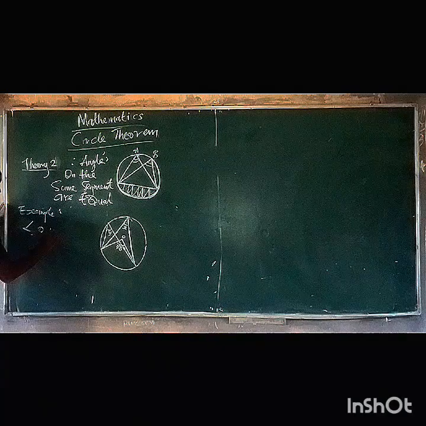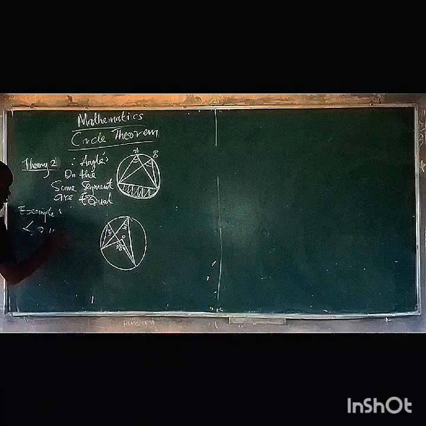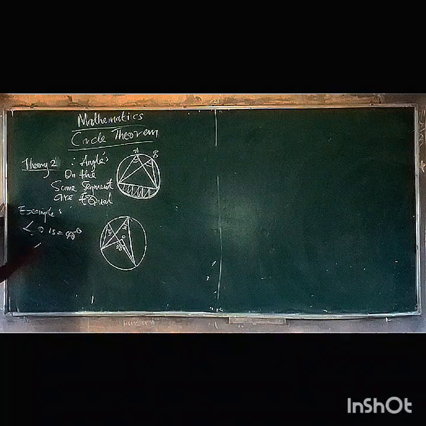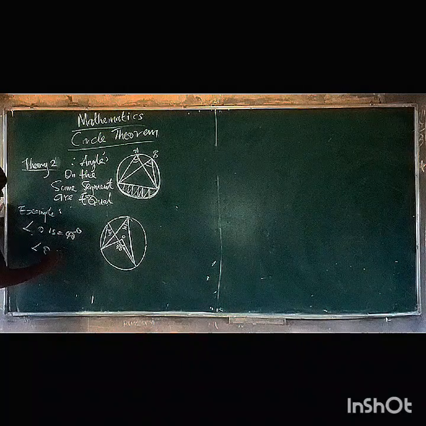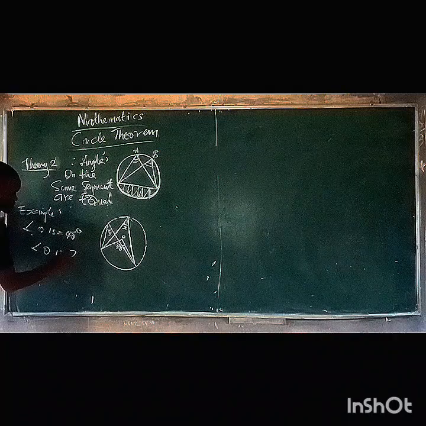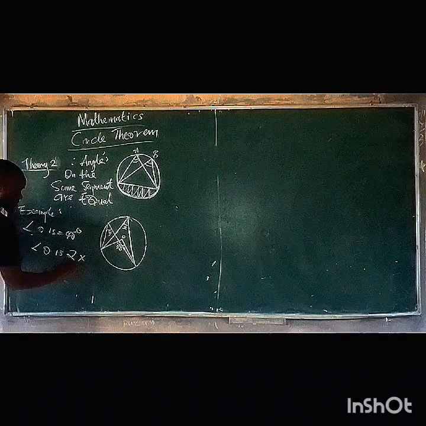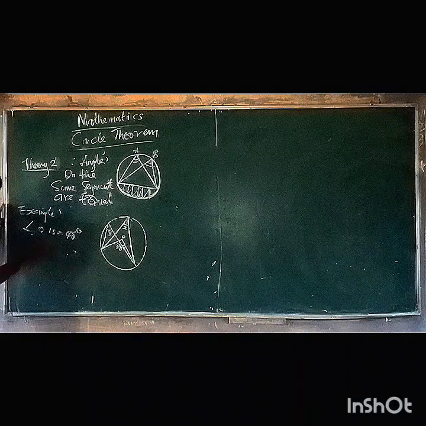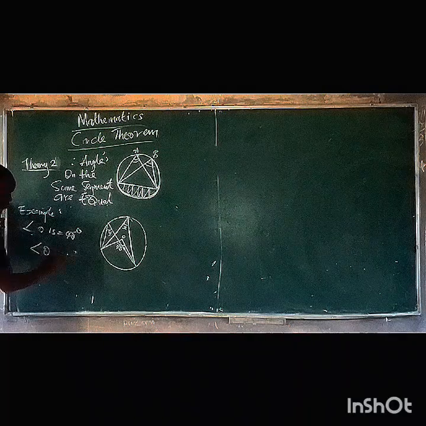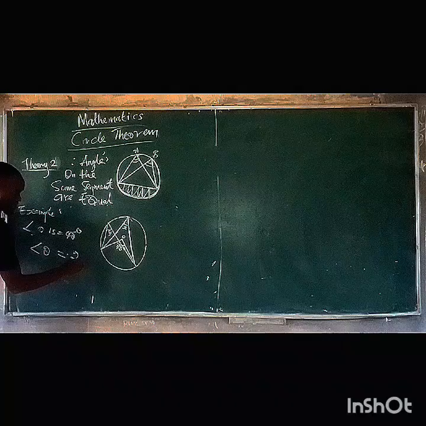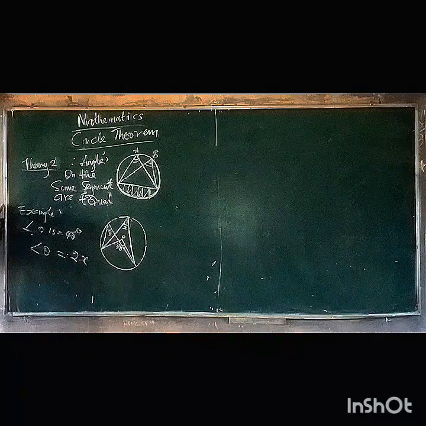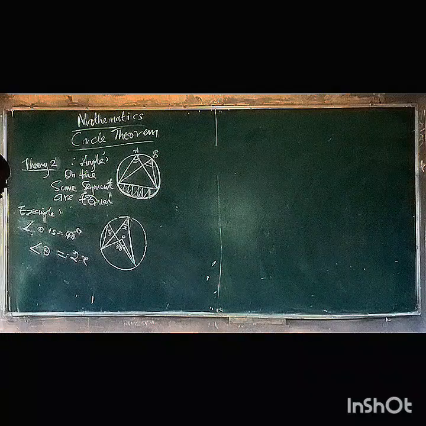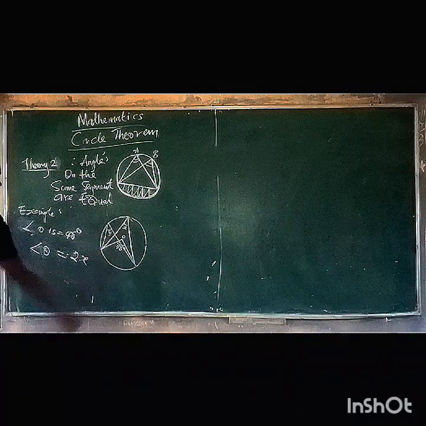Angle O is equal to 40 degrees, and angle O is 2 times angle X, because the angle subtended at the center of the circle is twice the angle at the circumference.